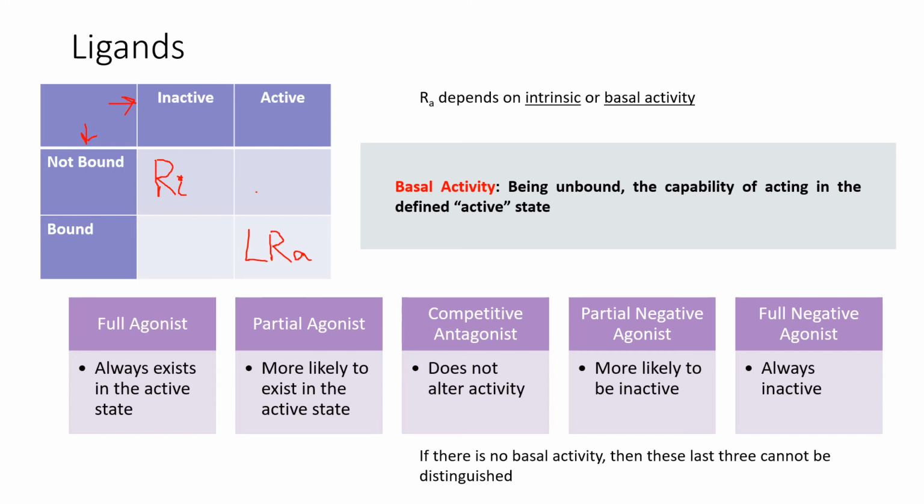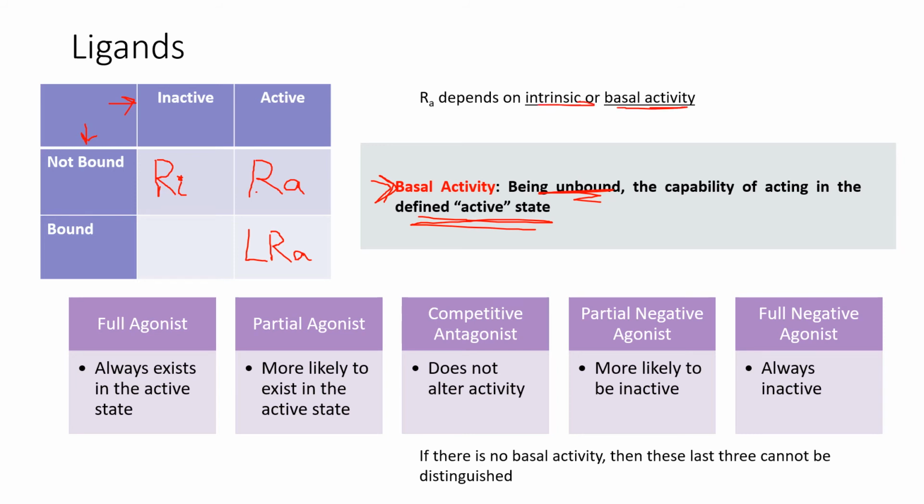However, there's also a case where we could have unbound receptors that are actually active. We define this as the basal activity, where, when unbound, they have the capability of acting in a defined active state. This depends on intrinsic or basal activity.